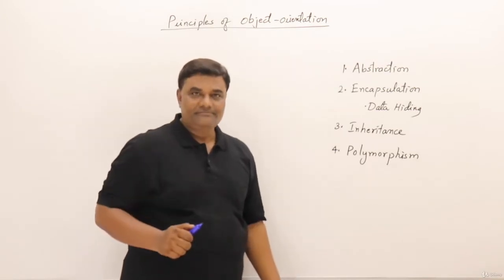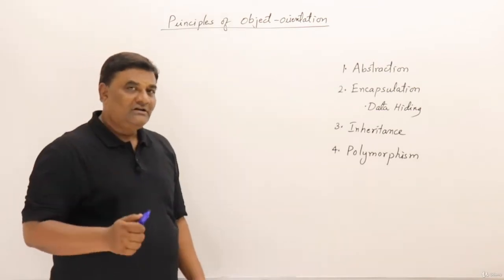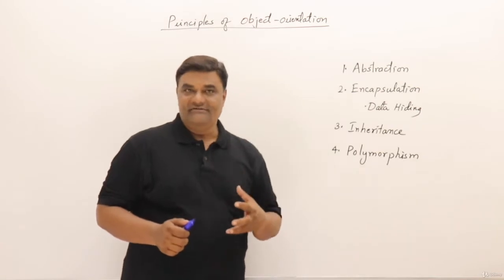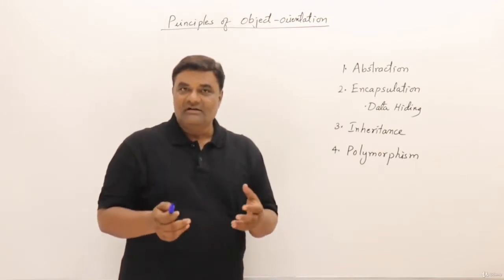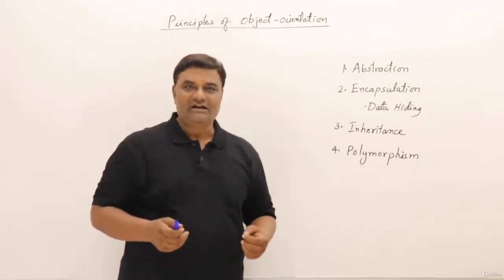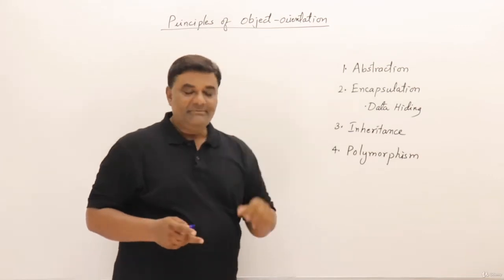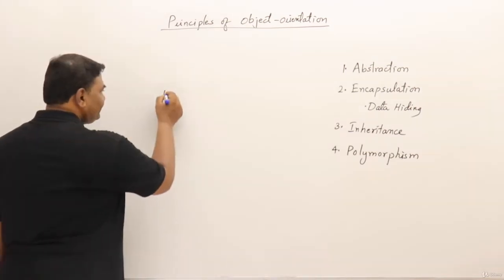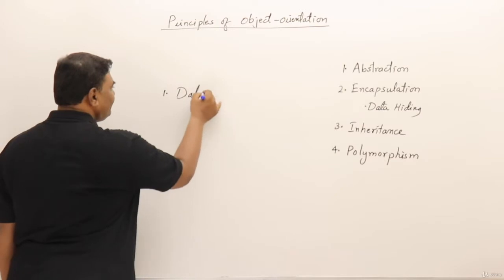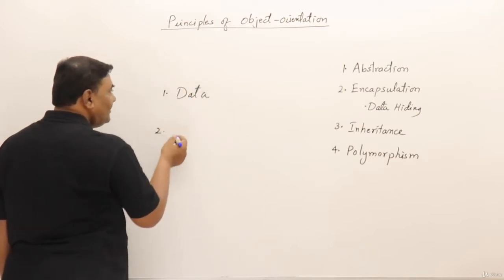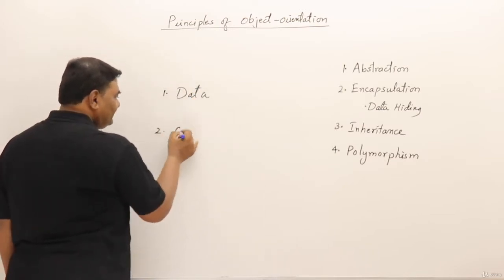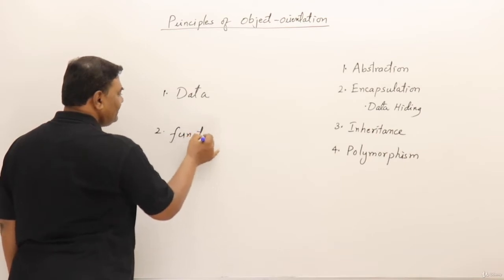Let us see how. First of all, when we come to software development, that is programming, what are the main elements of programming? There are two elements. First is data, and second is operations on that data, that is functions.